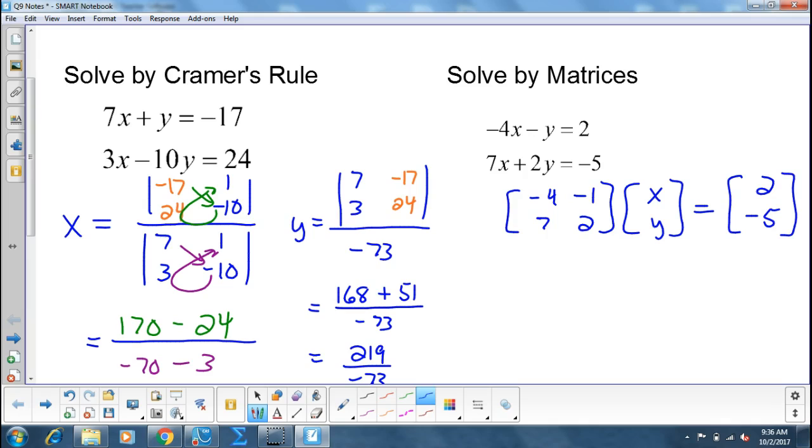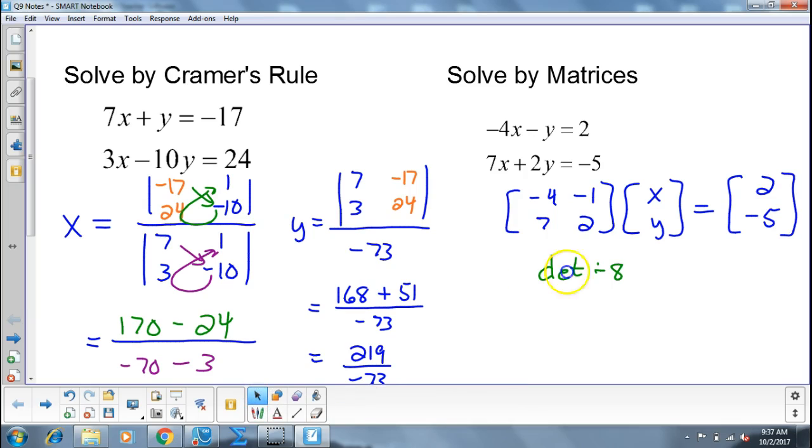Then I need to find the value of the determinant. So the determinant is going to be negative 8 minus negative 7. So that's going to be negative 1, the value of the determinant.